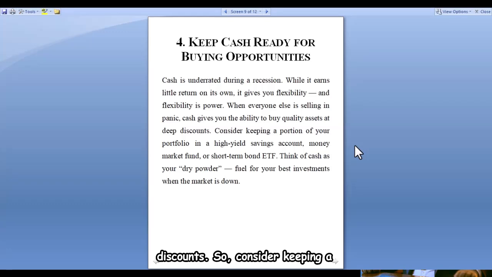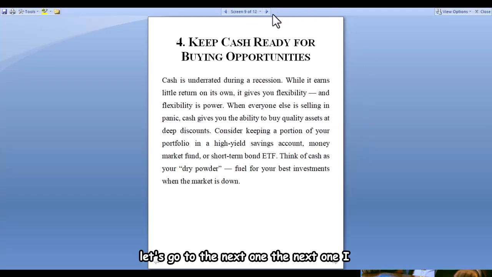So consider keeping a portion of your portfolio in a high yield savings account, money market funds, or short-term bond ETFs. So think of cash as your dry powder, fuel for your best investments when the market is down.